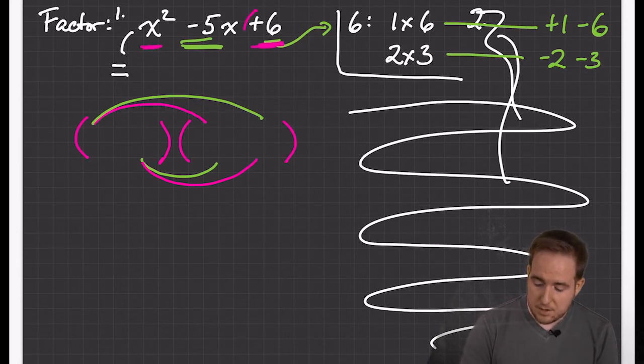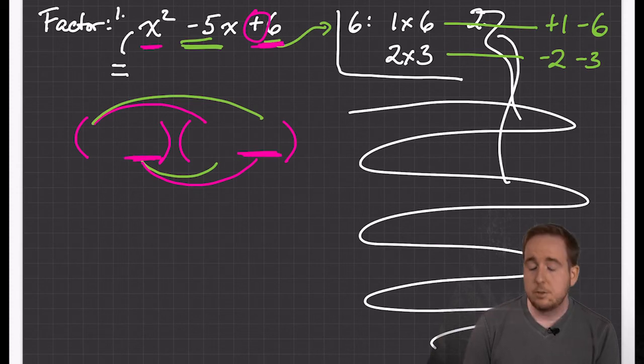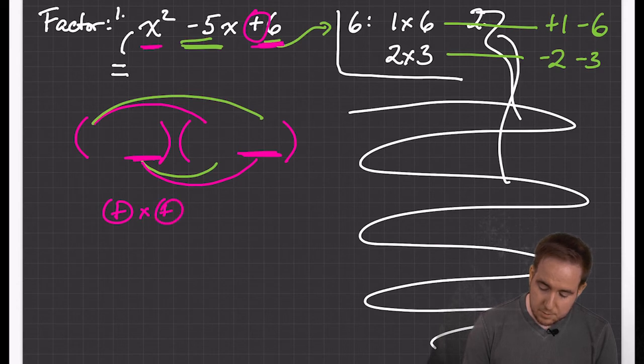And that's a positive 6. It means that the two numbers here that I choose must have the same sign. The way I get a positive number is positive times positive or negative times negative.